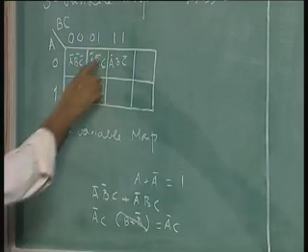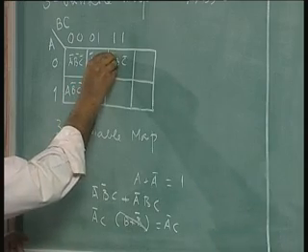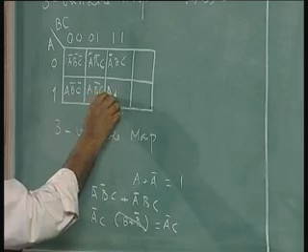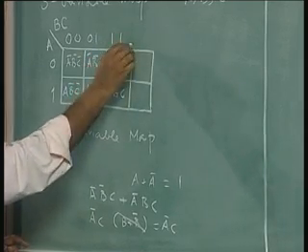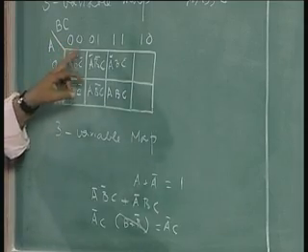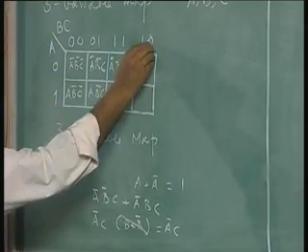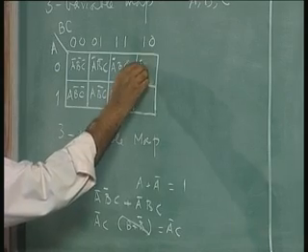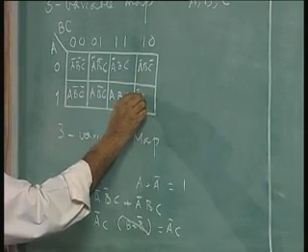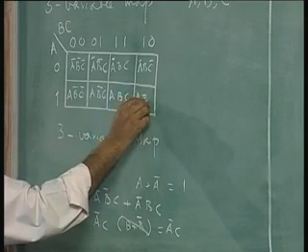So this will be A bar, B, C, this will be A, B, C, and finally the only other value which you have not used is 1, 0, and that means B is 1, C is 0, A bar, B, C bar, and A, B, C bar.